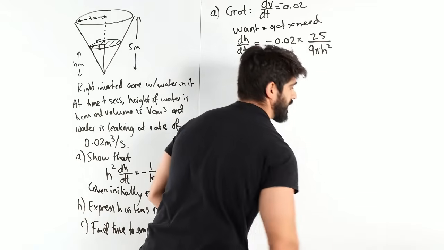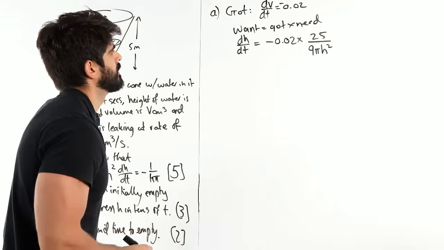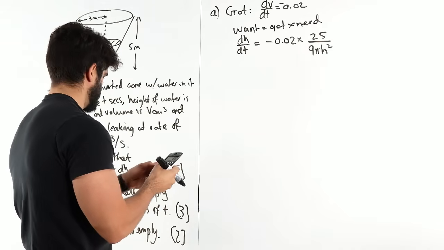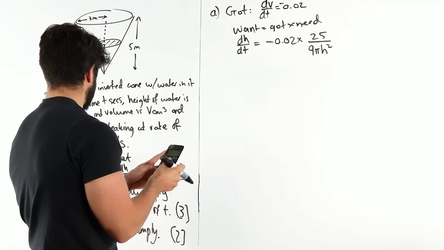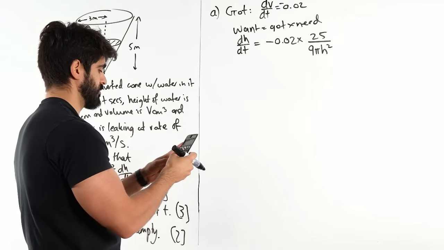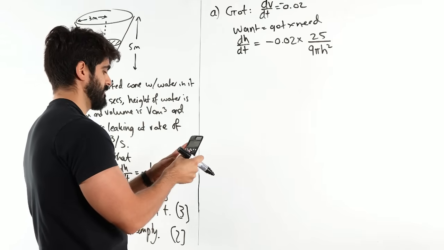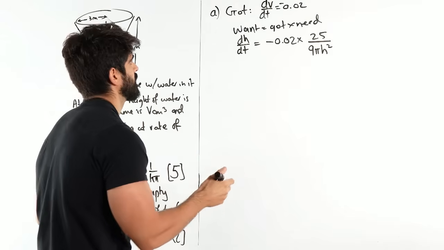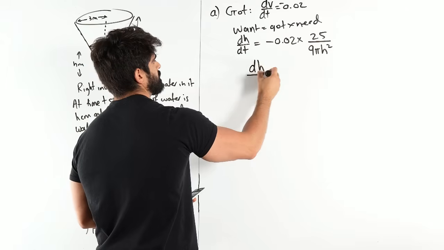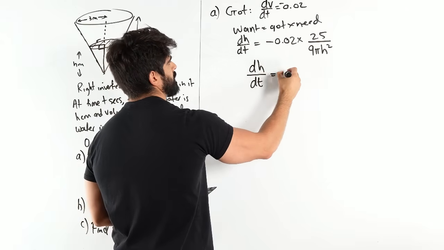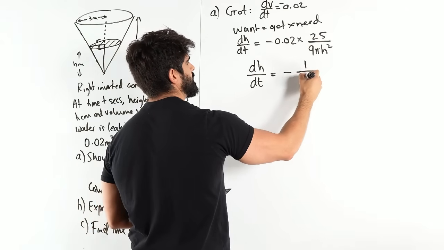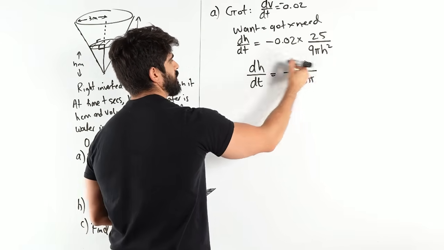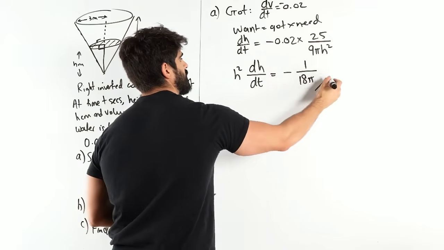Now we just simplify all that. Minus 0.02 times 25 over 9. Minus 1 over 18. Minus 1 over 18 pi h squared, which is what they want.